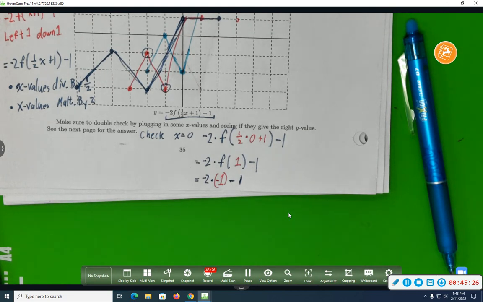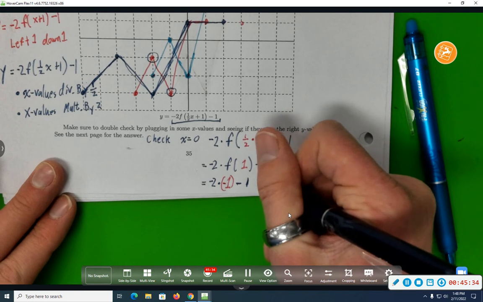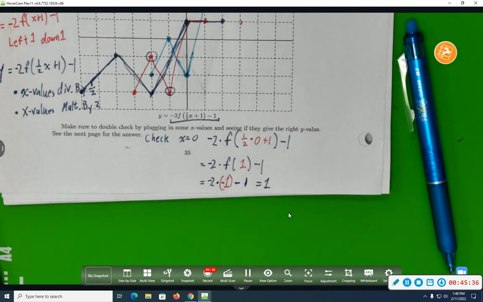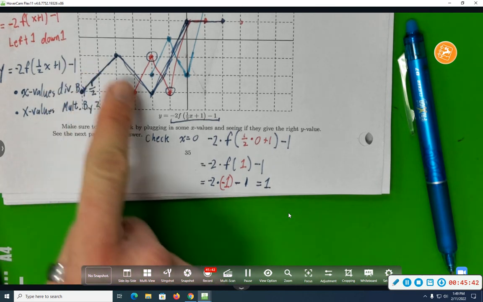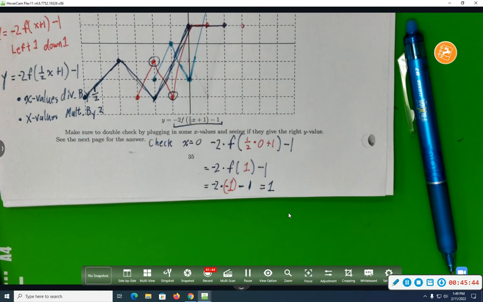Let's just keep on computing. Negative 2 times negative 1 is 2, minus 1 is 1. Does that agree with the point that we found? All right, so I'm reasonably confident. If I wanted to be 100% confident, I'd check like 1, 2, 3, 4, 5 points. And then I'd be absolutely sure, because it's straight lines between everything, and all these transformations send straight lines to straight lines.